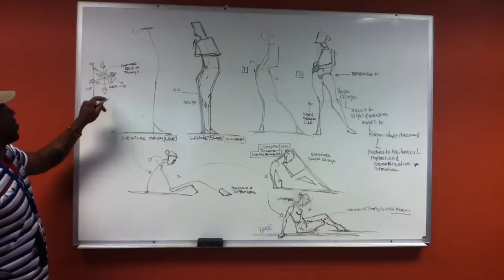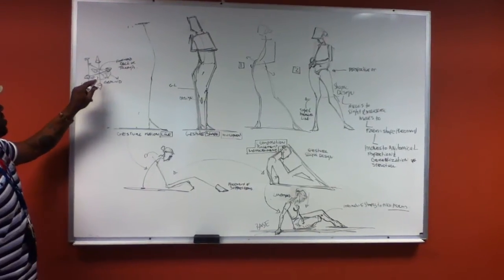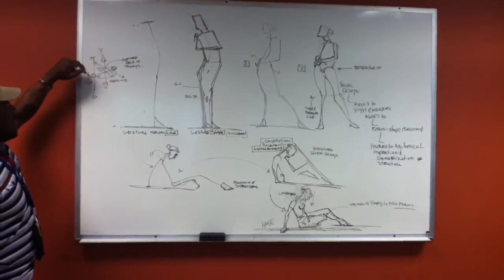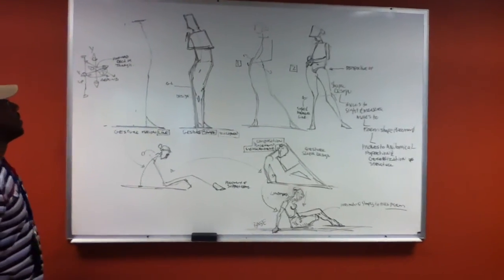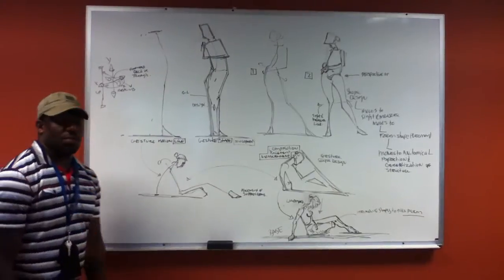Forward and backward through the form, which in turn, your Y, your X, and your Z space. So, this is what you're dealing with when you're drawing a figure.